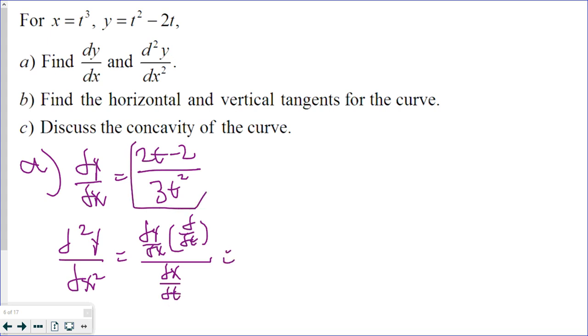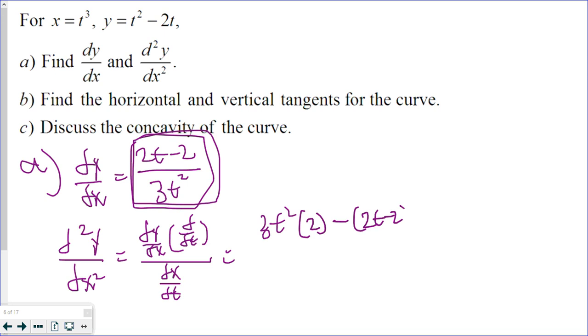If I'm given this as my first derivative, the derivative of that is a quotient rule. It's going to be low, which is 3t squared, d high, or 2, the derivative of high, minus high, which is 2t minus 2, d low, or 6t. So that's low d high minus high d low, all over low squared, which would be 3t squared squared, or 9t to the fourth.